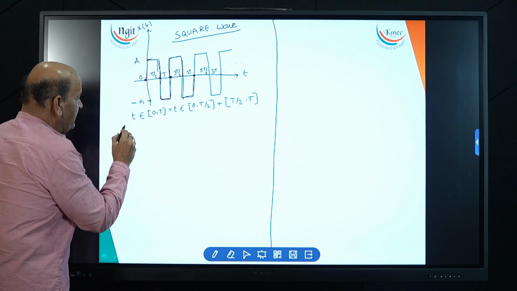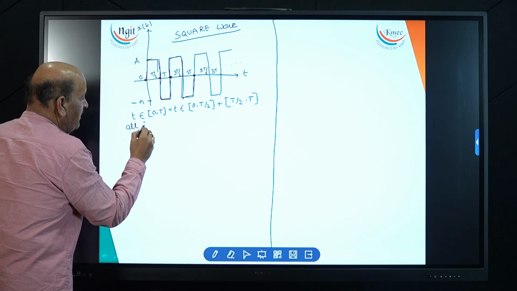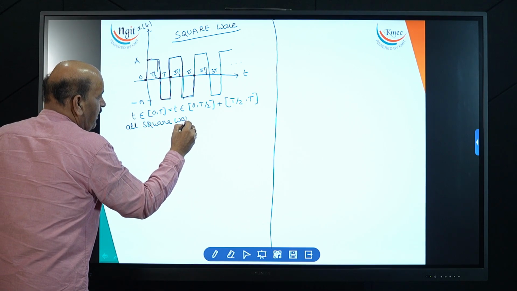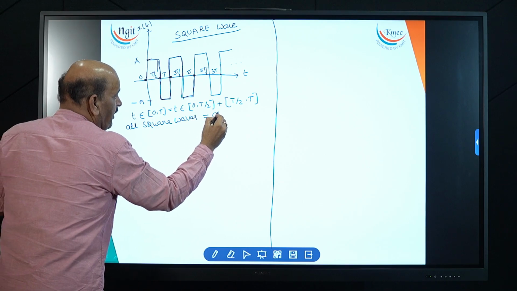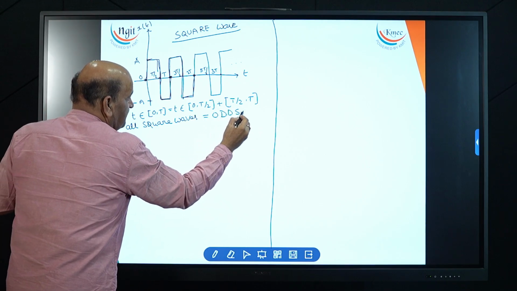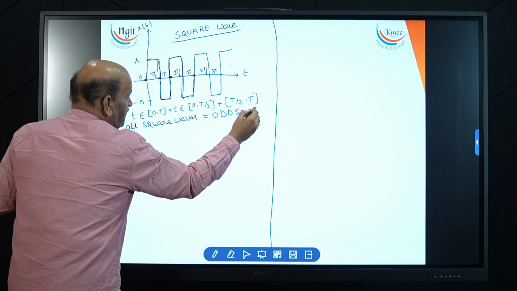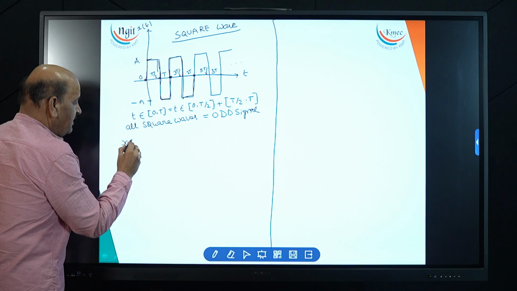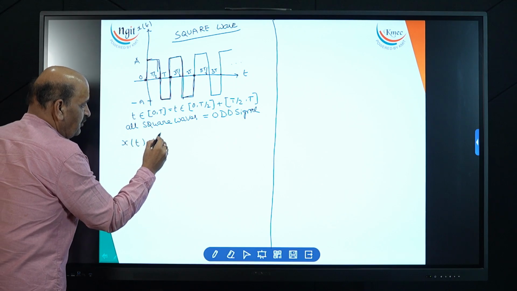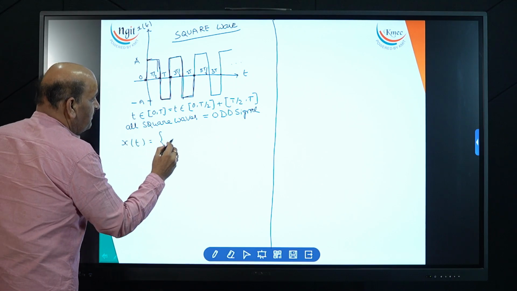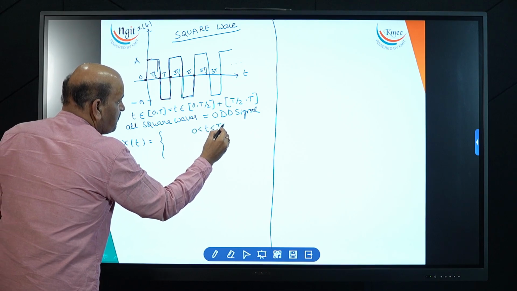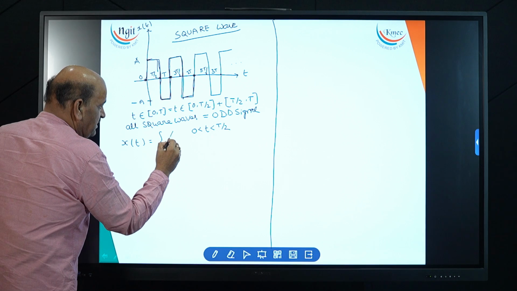One important point is that all square waves are odd signals. Now, how to define the signal? Here, x of t is equal to, just look at two parts. Between 0 to T by 2, its value equal to how much?